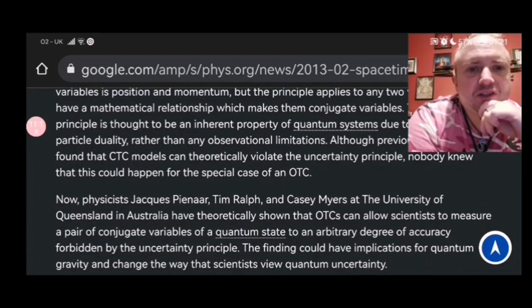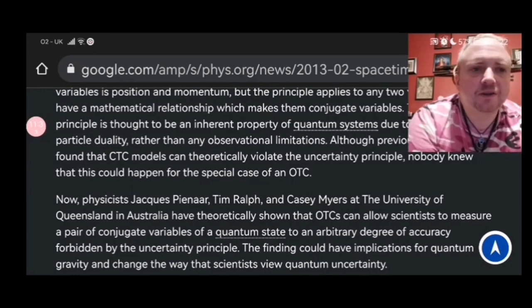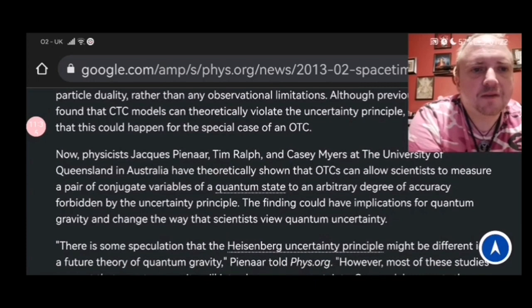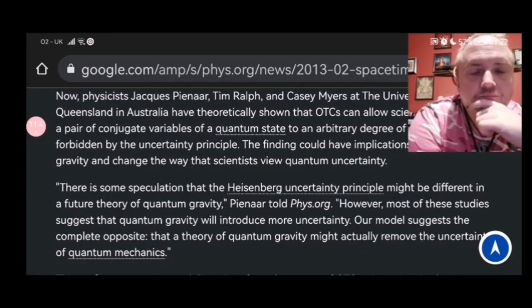Now, physicists Jacques Pignard, Tim Ralph and Casey Myers at the University of Queensland, Australia, have theoretically shown that OTCs can allow scientists to measure a pair of conjugate variables of a quantum state to an arbitrary degree of accuracy forbidden by the uncertainty principle. The finding can have implications for quantum gravity and change the way scientists view quantum uncertainty.